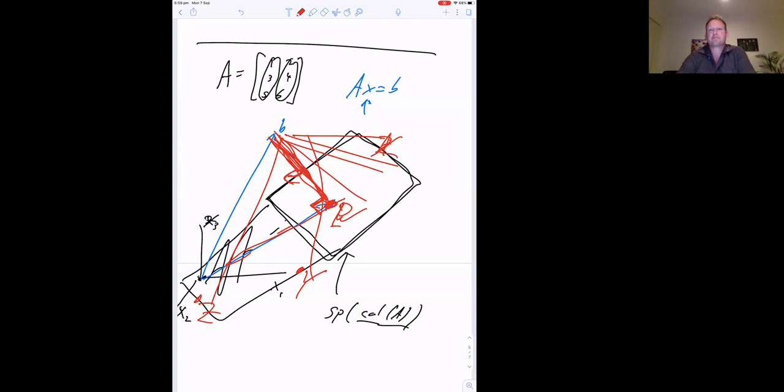You can try it. We might try it if we have time, for an arbitrary matrix.